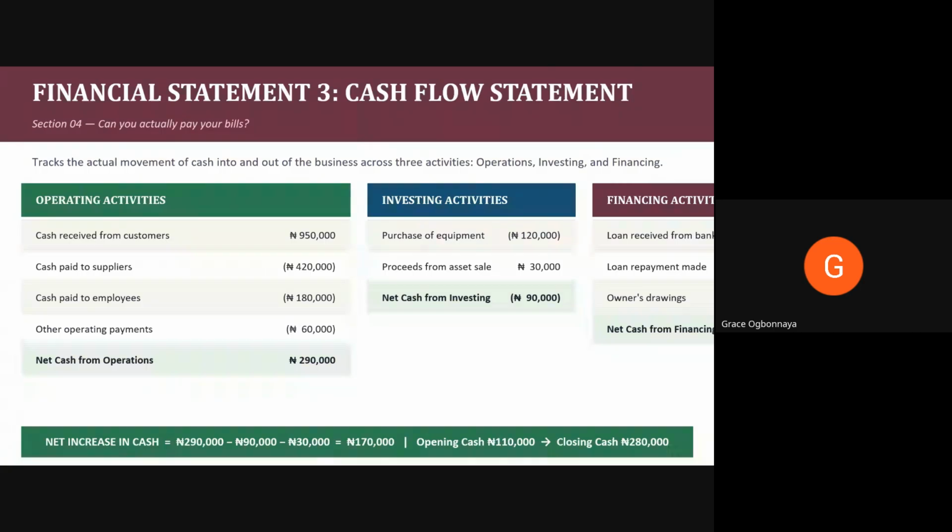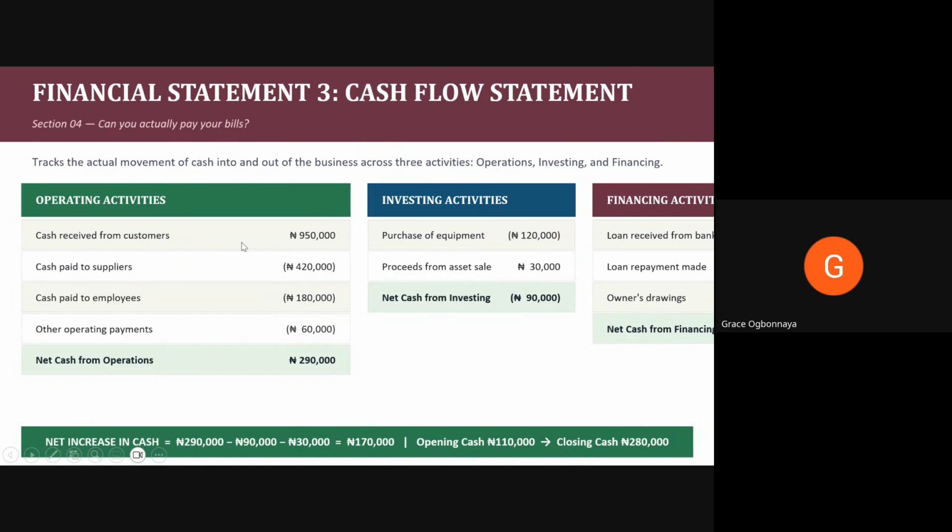The activities you are doing to make profit are operating activities. The activities where maybe you buy an asset or you sell an asset, those are investing activities. Then financing activities, you are taking loans for the business, you are returning it.